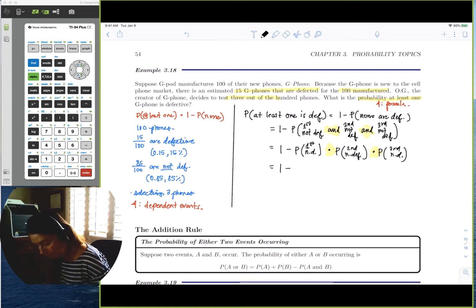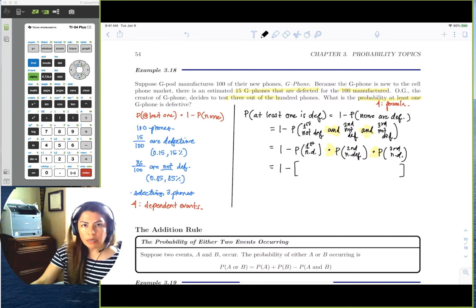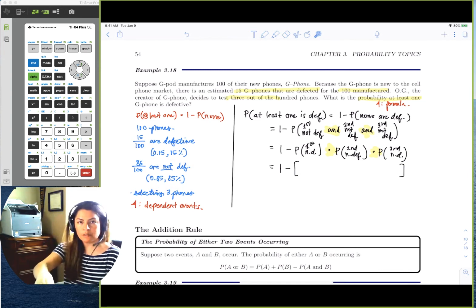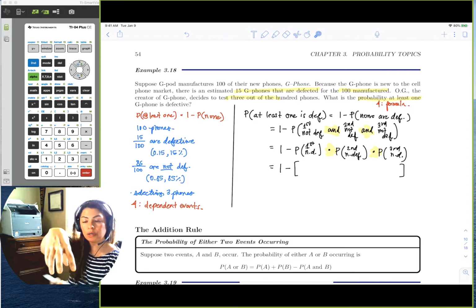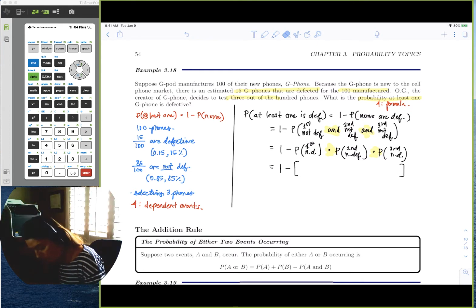So we have 1 minus, I'm going to put brackets here, the probability that the first phone is not defective. How many in the box are not defective? We said that 85 out of 100 aren't defective. So when he goes in, there's 100 phones in the box, and 85 he can pick that are not defective. So that would be 85 out of 100.